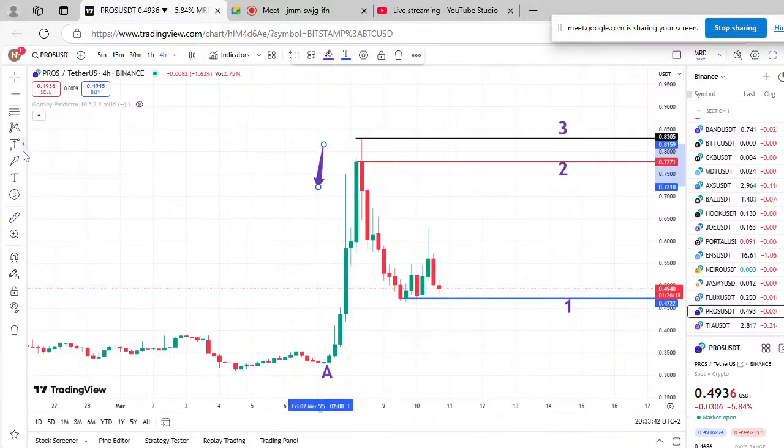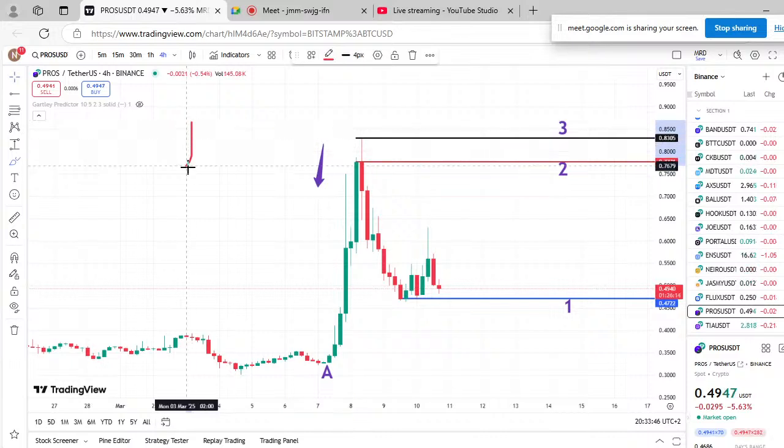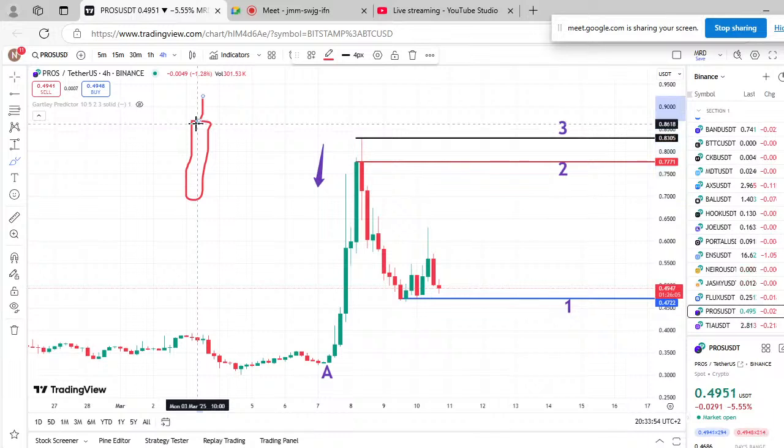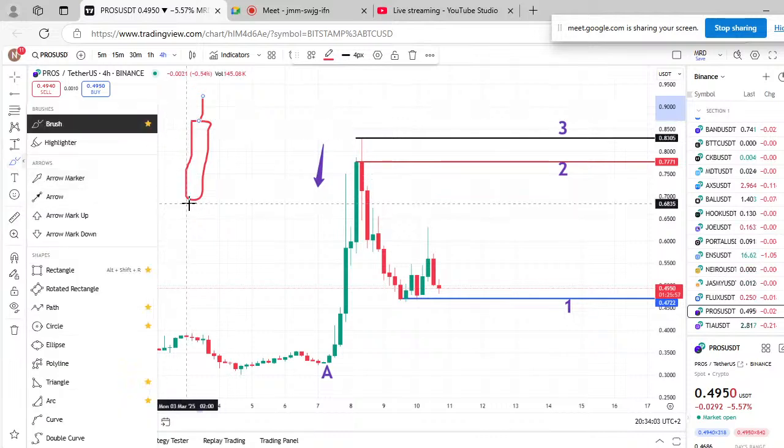How can I explain this? This is the red candle. The red candle will open at the top here, and it will close at the bottom here.